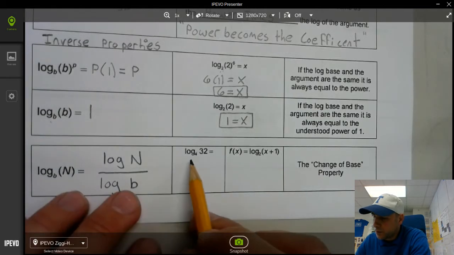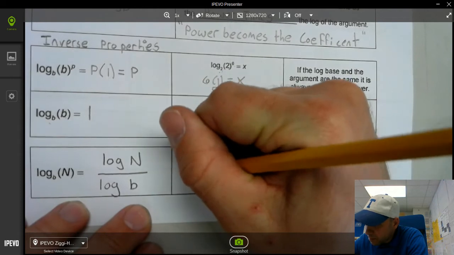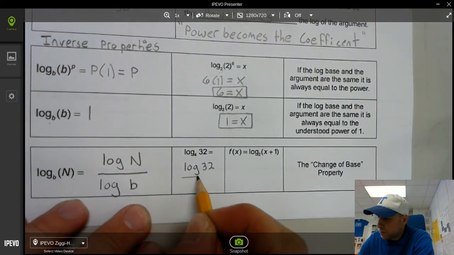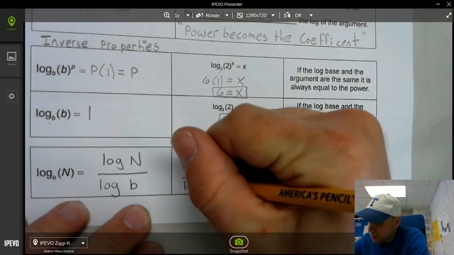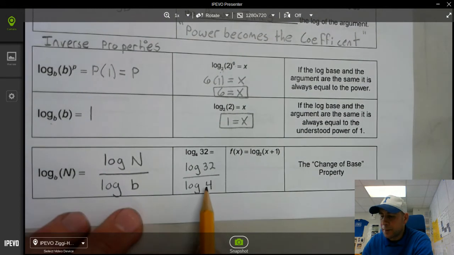So this is using an example. So this becomes log of 32 divided by log of 4, which we'll just leave like that, but in class, remind me and I'll show you how to put that in the calculator to get the number.